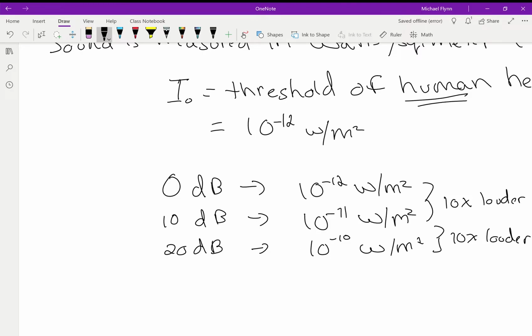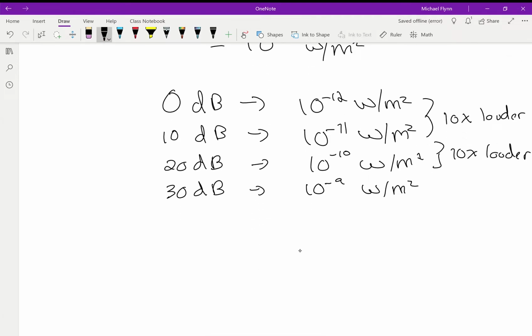If you go to 30 decibels, that's 10 to the negative 9 watts per square meter, and again that's 10 times louder. 40 decibels would be 10 to the negative 8 watts per square meter.